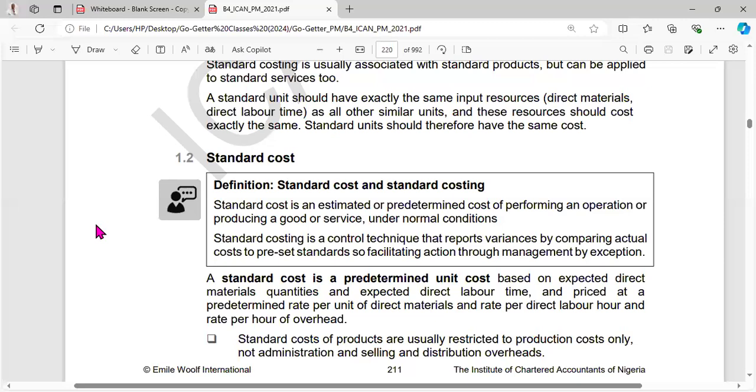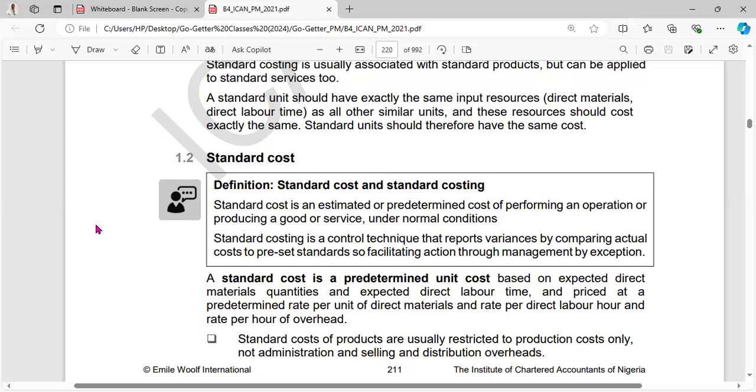So it's as good as saying standard price. That's for selling it. But when you are making it, you say standard cost. So if someone says, what's the standard cost for making bread? It means, what does it cost you to make 1 loaf of bread under normal condition?